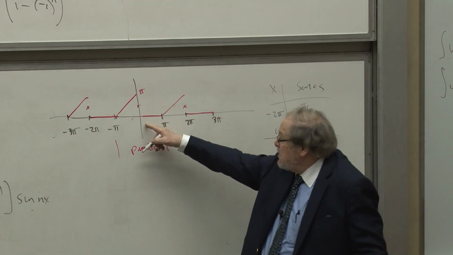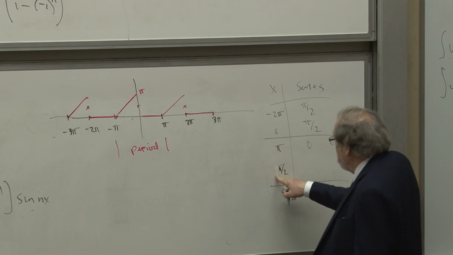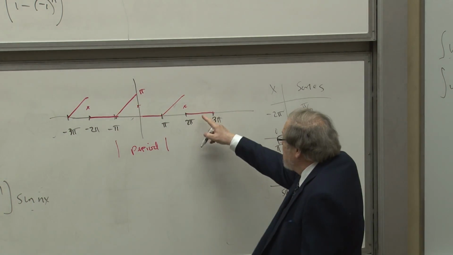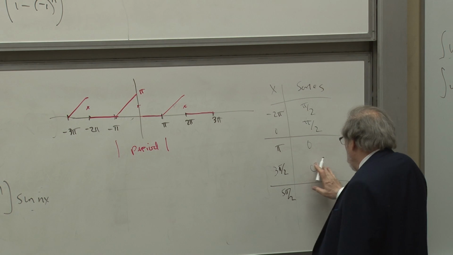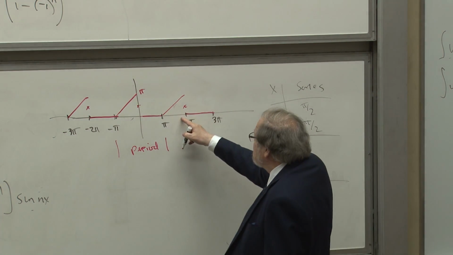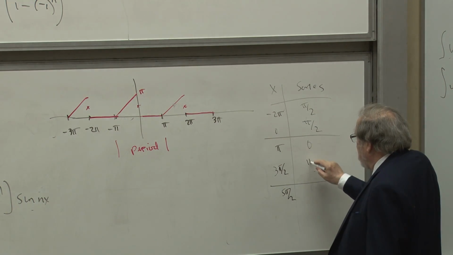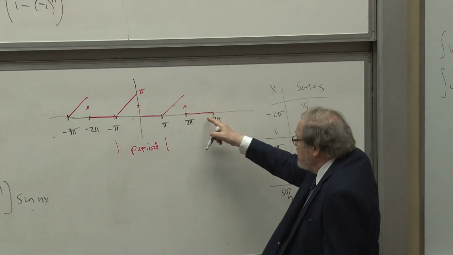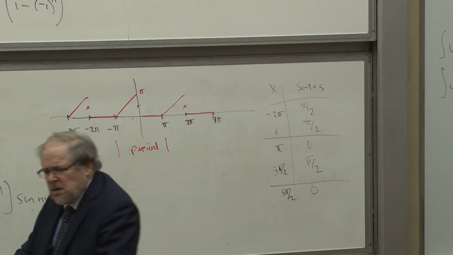At pi, here's a 0, so if you guessed zeros, you get one of them anyway. 3 pi over 2, that's halfway in between 2 pi and pi. There's another 0. No, excuse me, 3 pi over 2 is halfway between pi and 2 pi. So that's up there at pi over 2. 5 pi over 2, halfway between 2 pi and 3 pi, that's a 0.